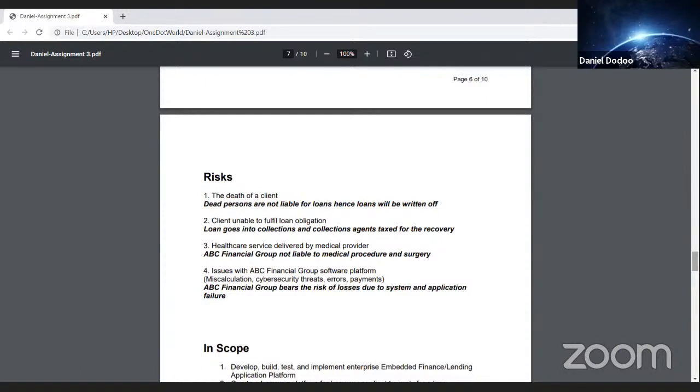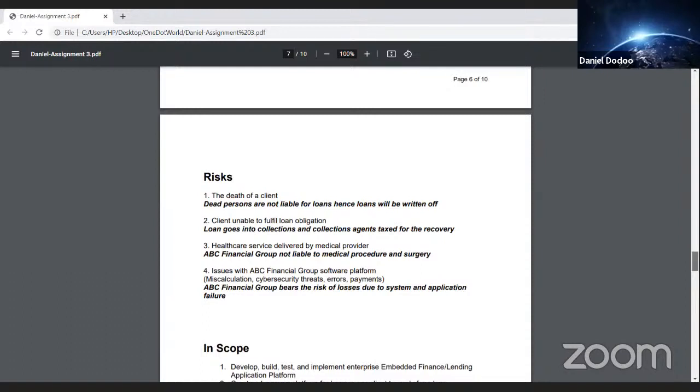We have miscalculation listed as a threat to our platform. We have cybersecurity threats, we have errors, we have payments. So as a listed response to this risk, for ABC Financial Group, there's the risk of losses due to system and application failure.